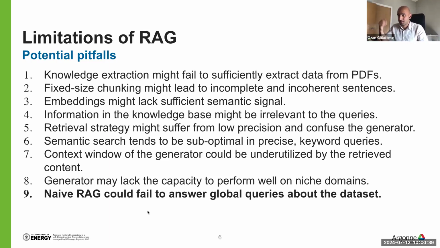Embeddings might lack sufficient semantic signal. We talked a little bit about the encoder and domain expertise. One thing about it, semantic search tends to be suboptimal for precise keyword queries. If you're looking for a specific keyword, what happens is that you encode the whole prompt, along with that keyword in it, into one vector representation through pooling. You tokenize it, and for each token you have an embedding vector.